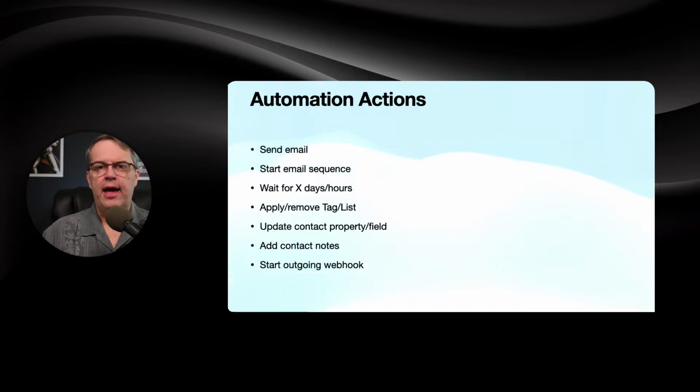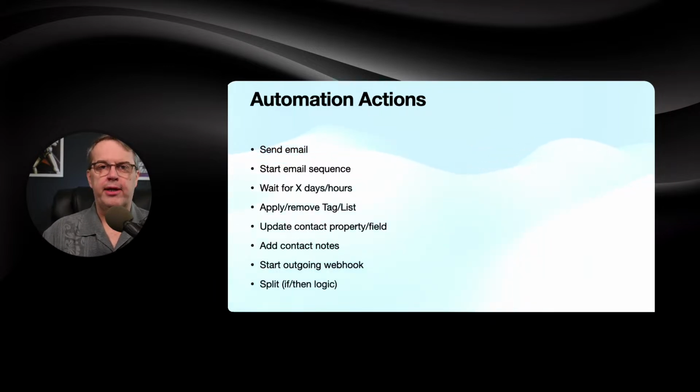And you can start an outgoing webhook. Webhooks are basically ways to communicate between different systems. So maybe you want to create a webhook to Zapier, to Teachable, or to something else that's a different service, where that is a communication mechanism that sends data from your email system to that software as a service.